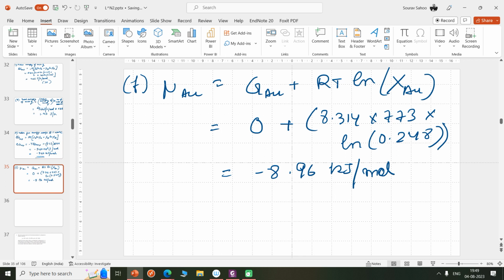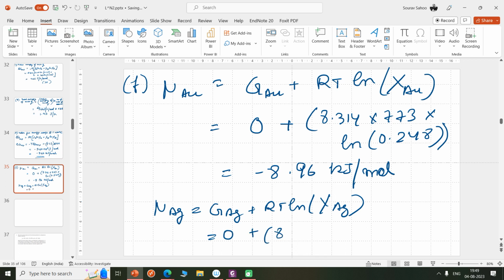And similarly, the chemical potential of silver will be calculated as G Ag plus RT ln chi Ag, that is 0 again, plus 8.314 into 773 into ln 0.75. That gives minus 1.83 kilojoule per mole.